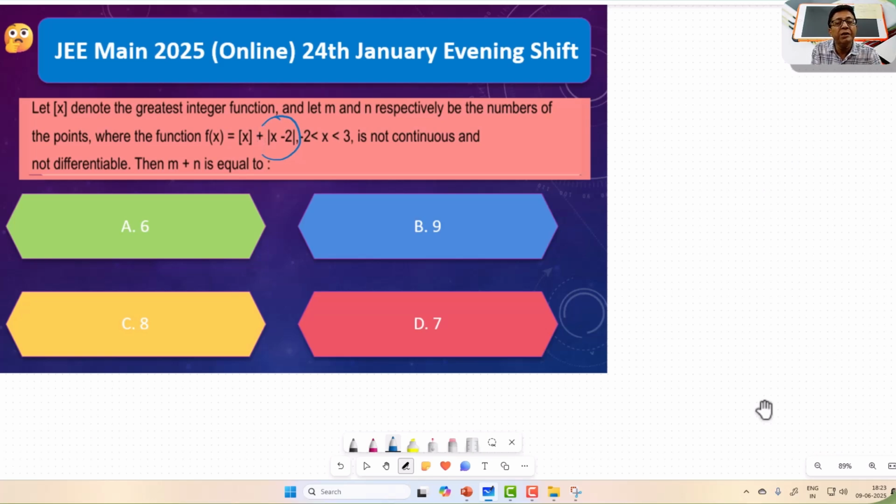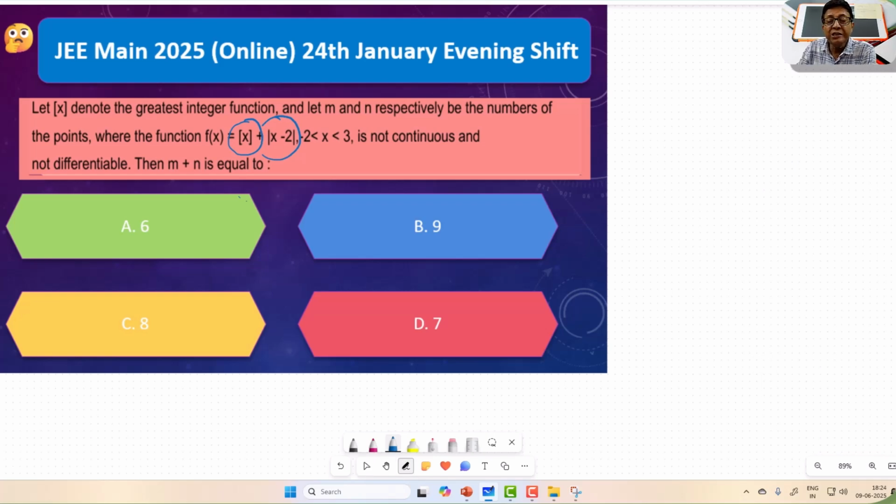But modulo x is not continuous at the integral points. Another thing, mod x minus 2 is not differentiable at x equal to 2. For a modulus function, there will be a sharp corner at the point x equal to 2.